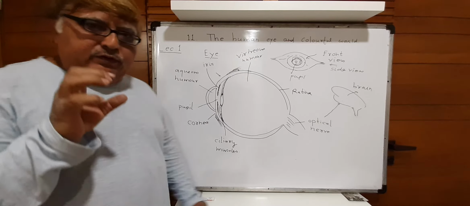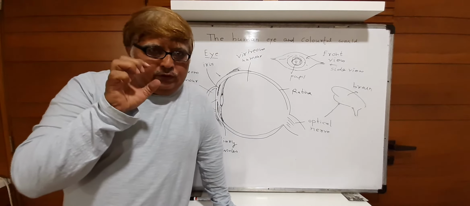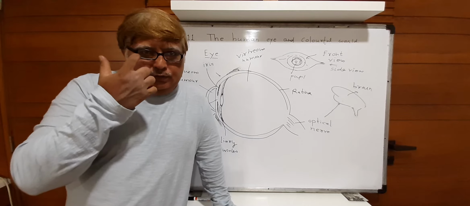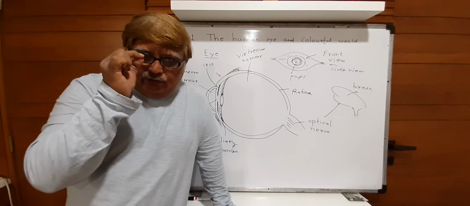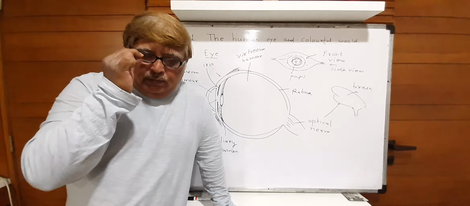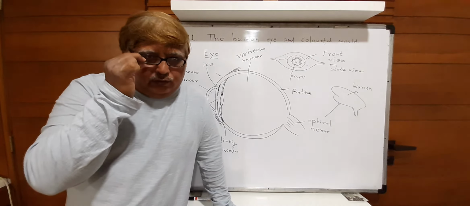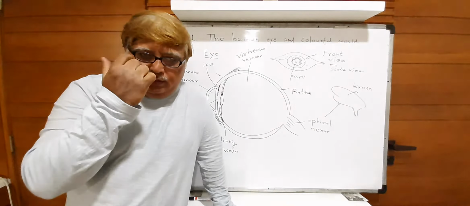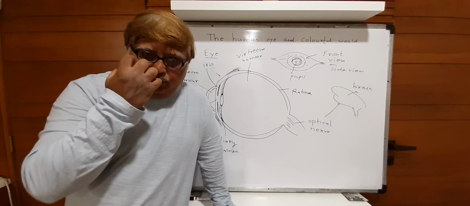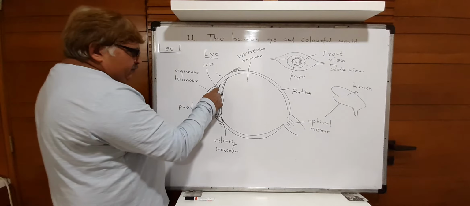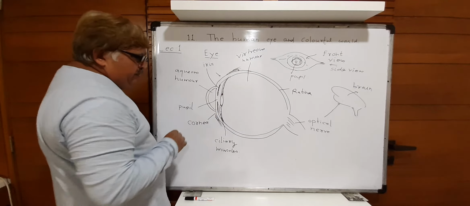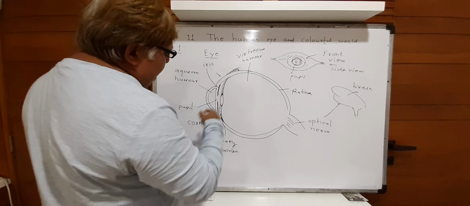Just after the lecture, go in front of the mirror, try to visualize your eye. Exactly in the center you see a small black portion which is actually called pupil and it is covered by a dark muscular diaphragm. Understand? That is called iris. Iris we have shown here. This is opening of the iris called pupil.